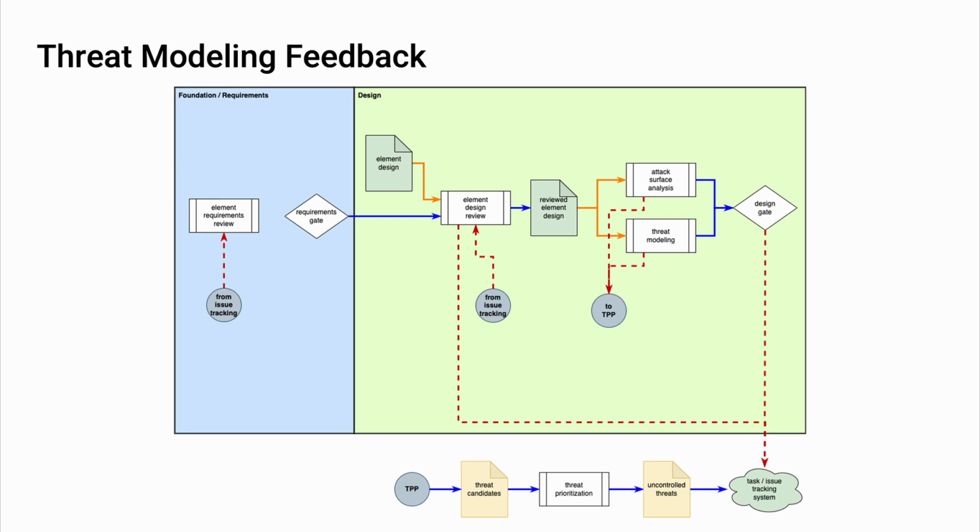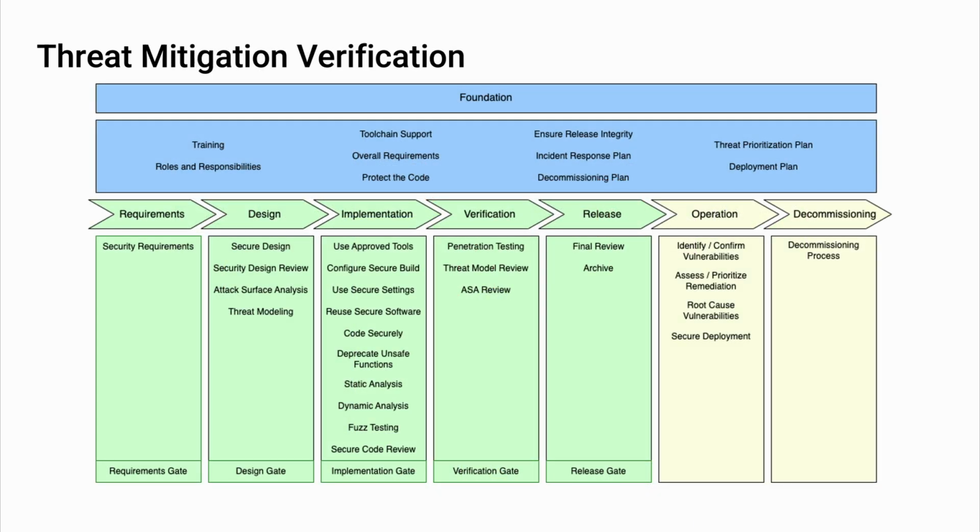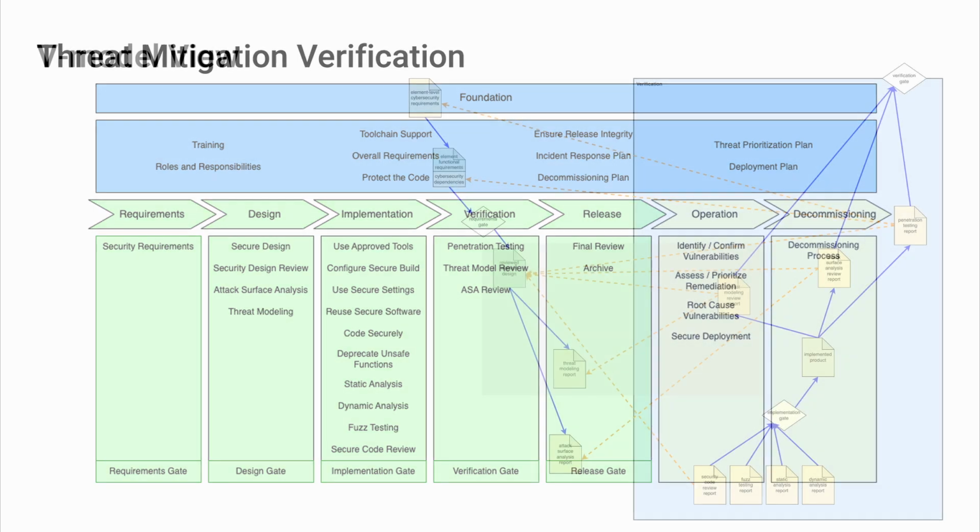This feedback can return to the element design review, also in the design phase, or to the element requirements review in the requirements phase. As mentioned earlier, we perform a threat modeling review in the verification phase to ensure that deficiencies identified by threat modeling in the design phase have been addressed.